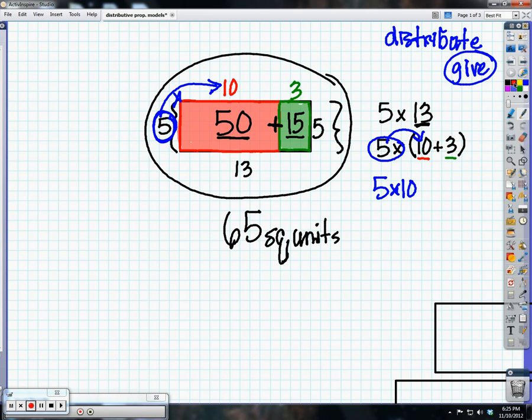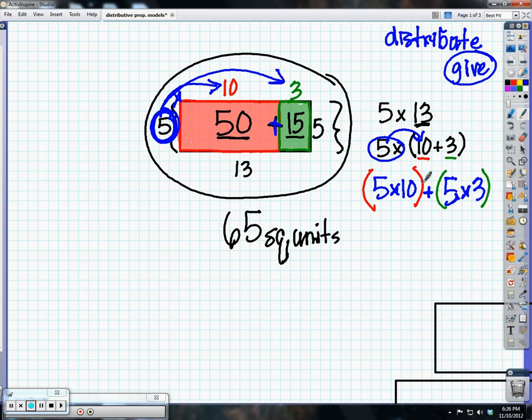This is going to be, in our model, the larger rectangle in red. Next, we give the 5 times to the 3, and that represents the smaller rectangle. Now the last thing that we did was we added both of them together, 50 plus 15.